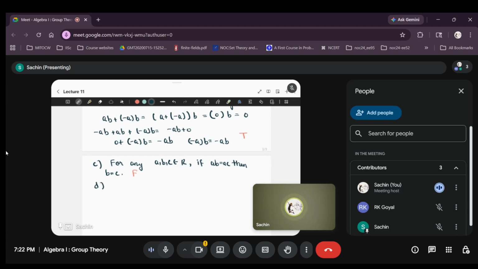The statement D is that minus 1 times A is equal to minus A for every A in R. Is this true?